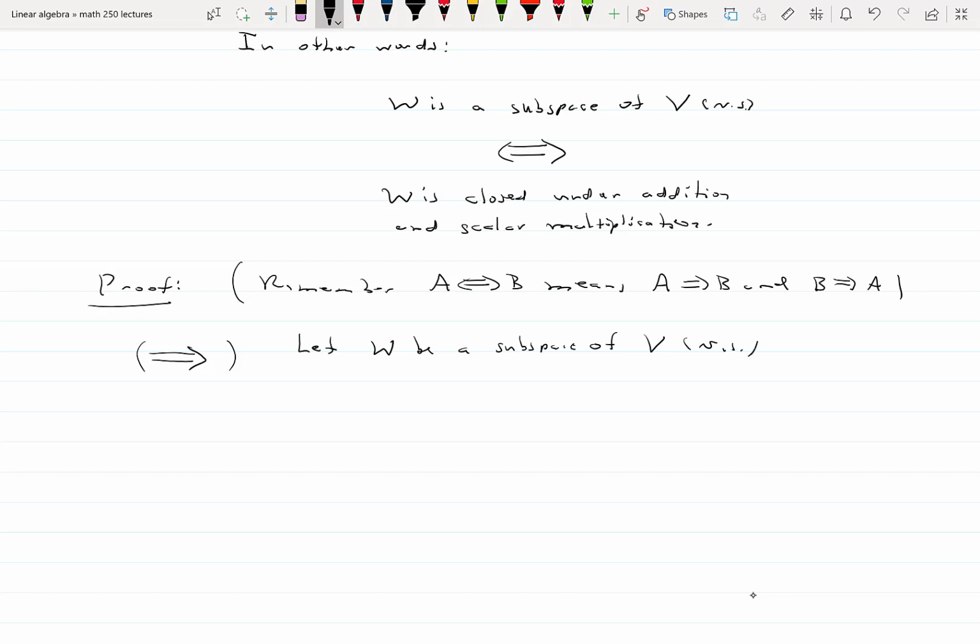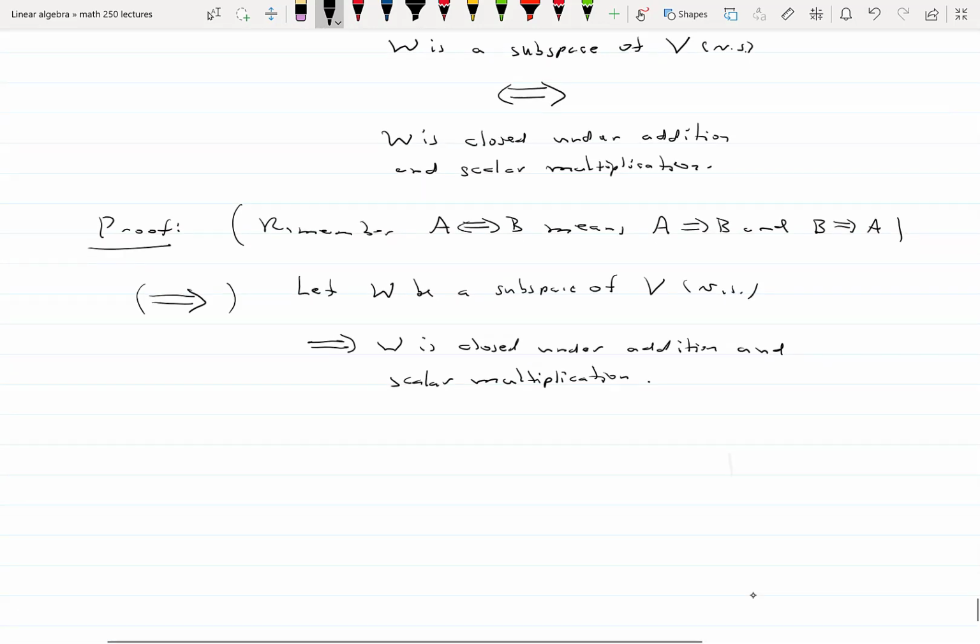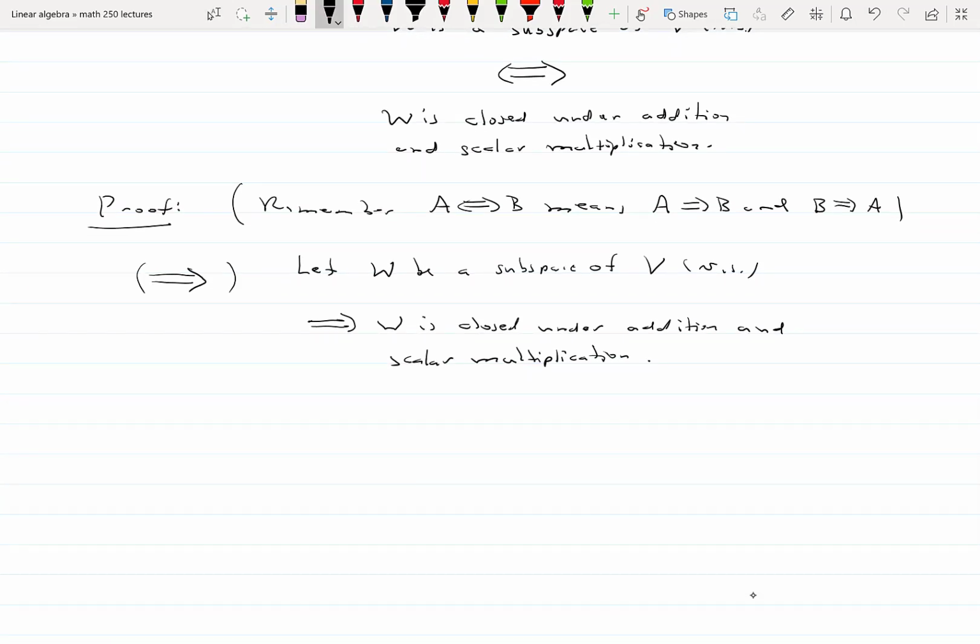Okay. That implies that W is closed under addition and scalar multiplication. This is the easy part. The two operations are defined on the entire vector space. And I'm assuming that W is a subspace of V. That means W is a vector space.